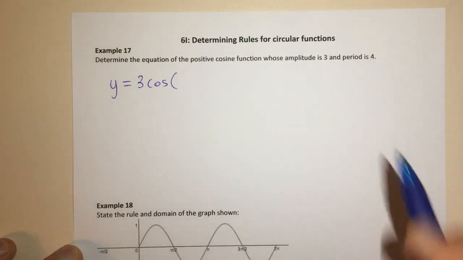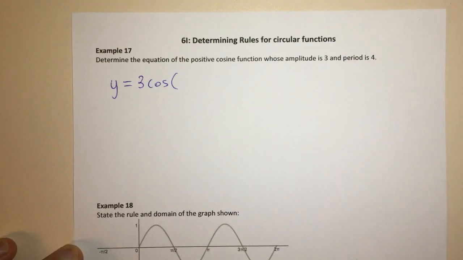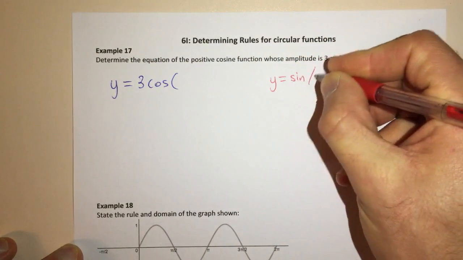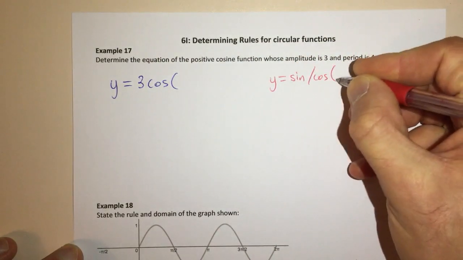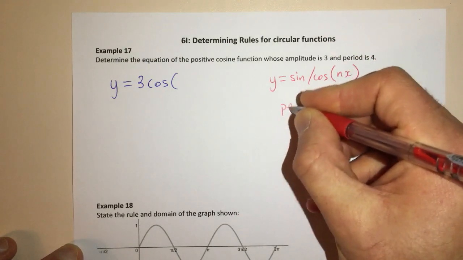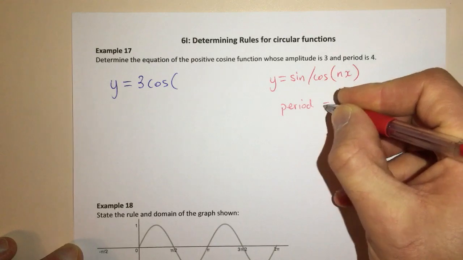The period is the other piece of information that we've got. Remember that, and this goes for sine or cosine, let's say y equals sine or cos of nx, then the period will be given by 2 pi over n.